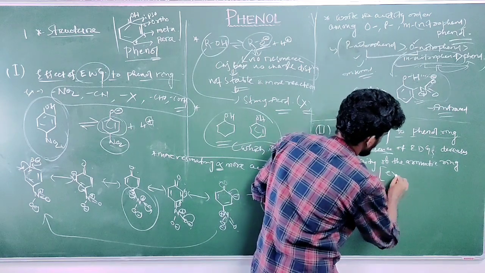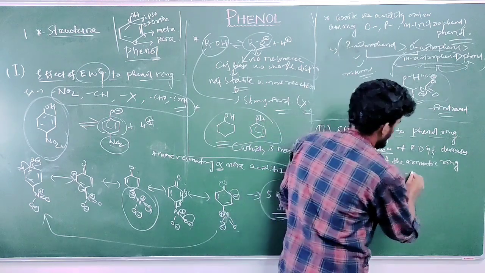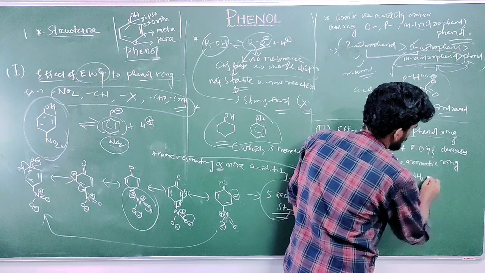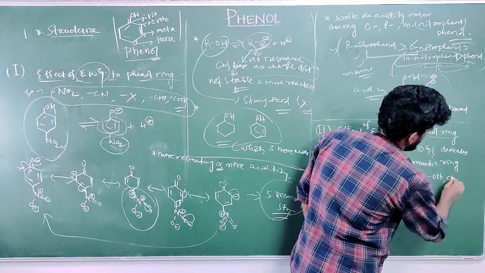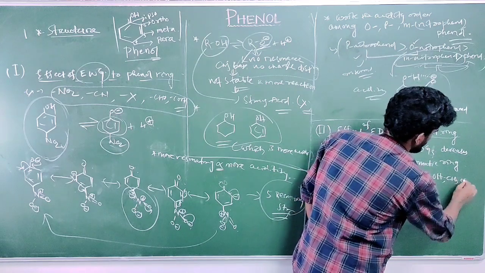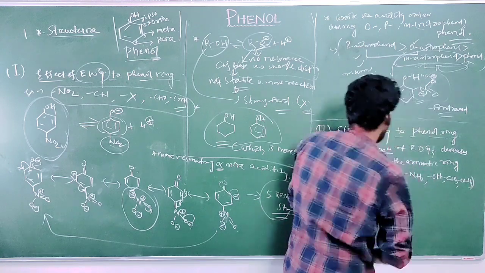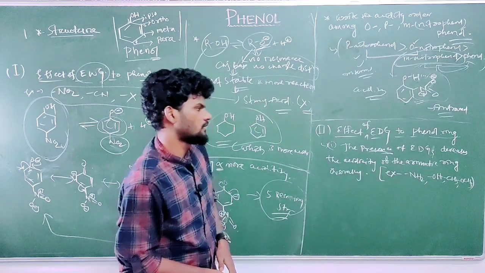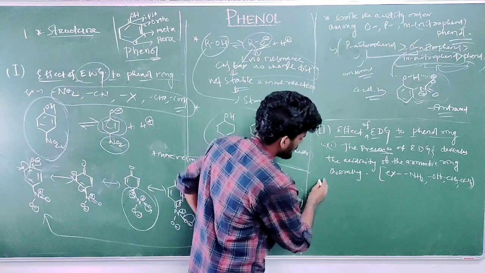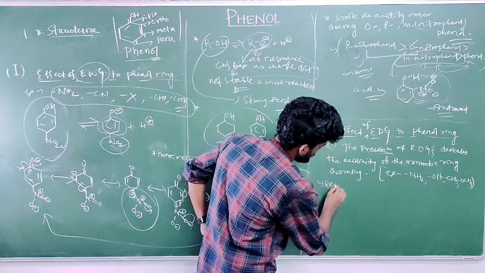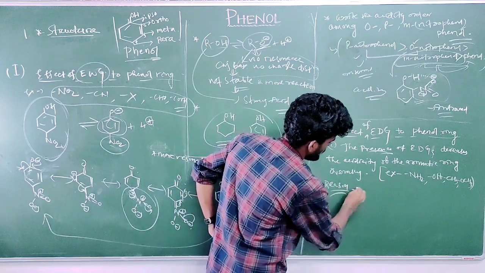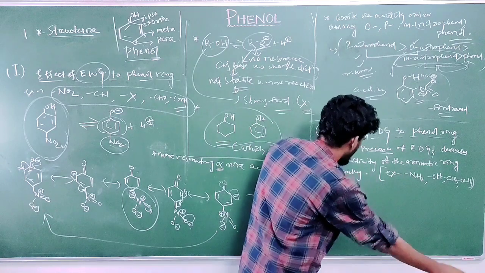Examples are the amine group NH2, hydroxy group OH, methyl group CH3 and methoxy group OCH3. These are examples of electron donating groups. Now, what is the reason next? Write the reason. I will explain the reason.